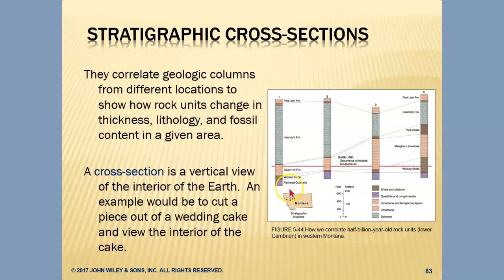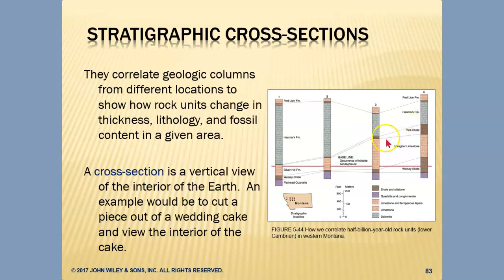As we can see in this figure over here, these columns are taken from locations 1, 2, 3, and 4. And since the units are very thick and they are deposited over miles, we know that these are formations, and these formations, like the Hasmark formation, can be correlated from one region to the other.